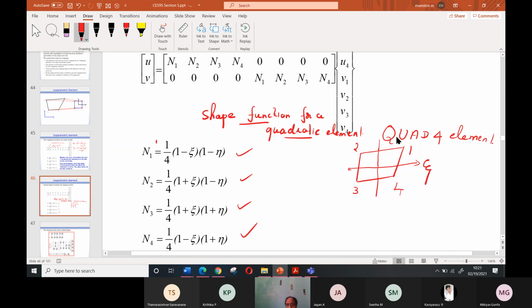This is xi, this is eta. This is the positive xi and this is the positive eta. When you come here, this is the negative value.